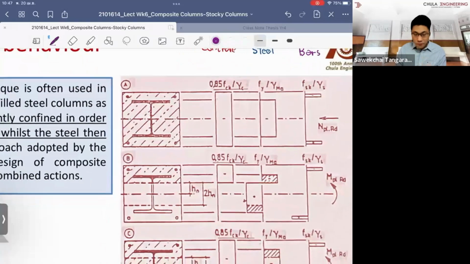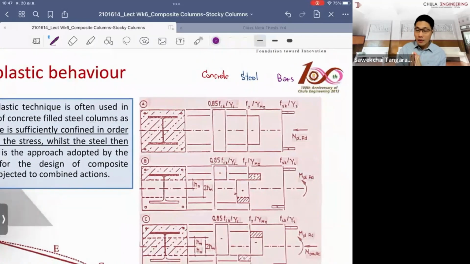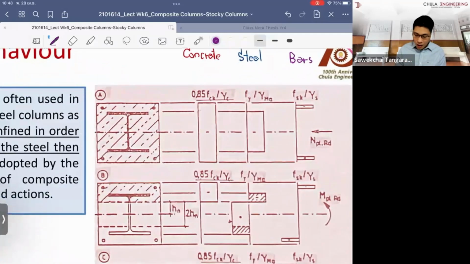So you might see that when we assume rigid plastic, the stress developed in the cross section for any of the materials will reach yield or the ultimate point, right? In the concrete, if it is encased, we allow up to 85%.